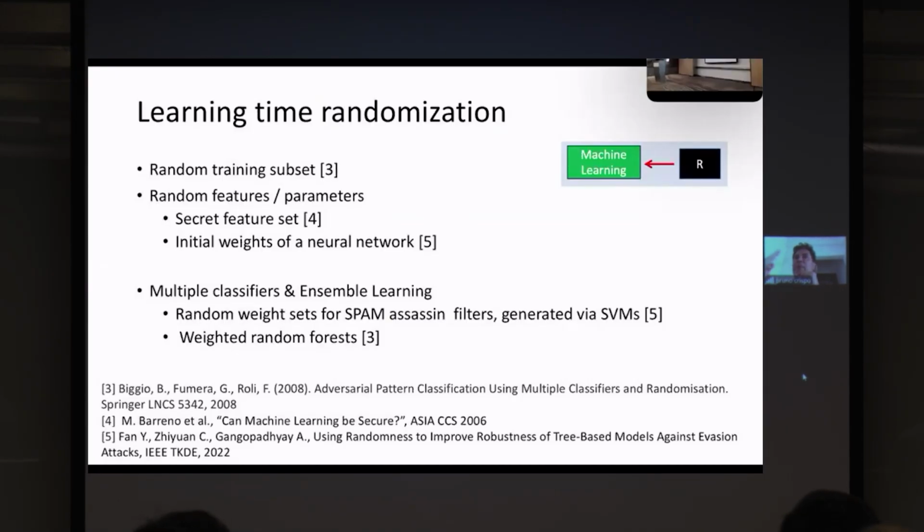So there are a lot of parameters that you can randomize and make difficult for the attacker to know. All these techniques are quite effective because they make the evasion attack much harder, because they hide the characteristics of the defender's classifier.